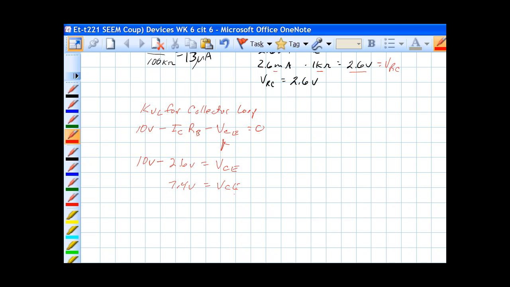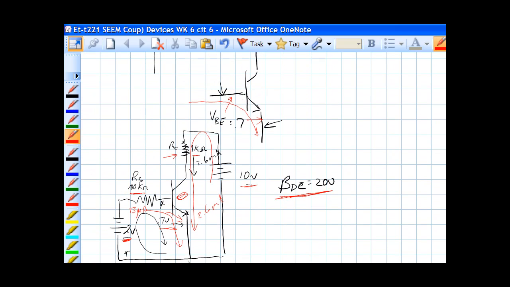So if we take this 7.4 volts VCE and plug it in, the voltage from here, VC, to here, VE. So that would be VC minus VE, because this is 0.